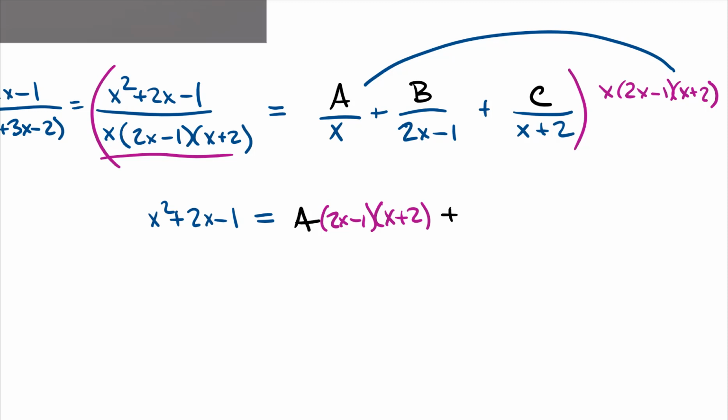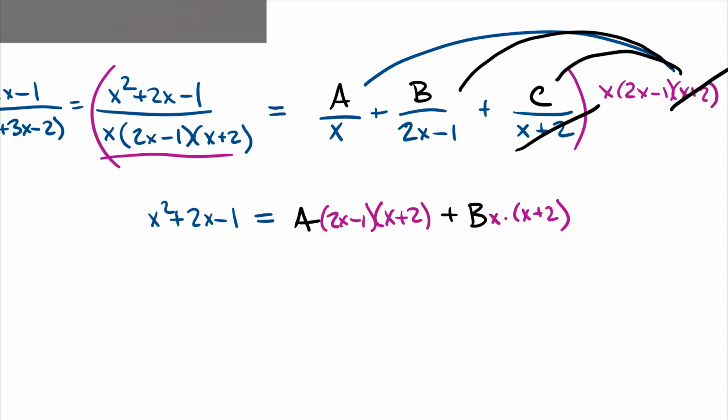Next, we're going to have our b. When we bring that in, the 2x minus 1s will cancel, and you'll be left with b times x plus 2. Lastly, we bring it in here, and the x plus 2s will cancel out, leaving us with c times x times 2x minus 1.